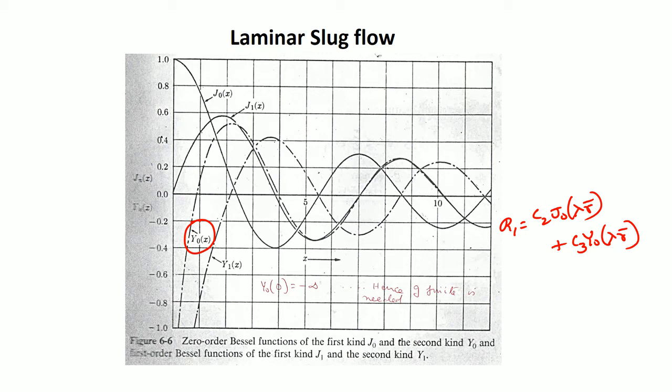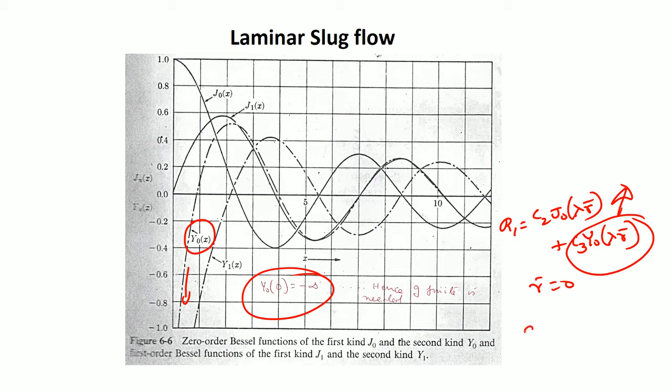Of course, as you can see at R equal to 0, or R bar equal to 0, this particular term basically blows up. That is because it goes to infinity, as you can see over here. So, in order to assure finiteness of G, because what is G?